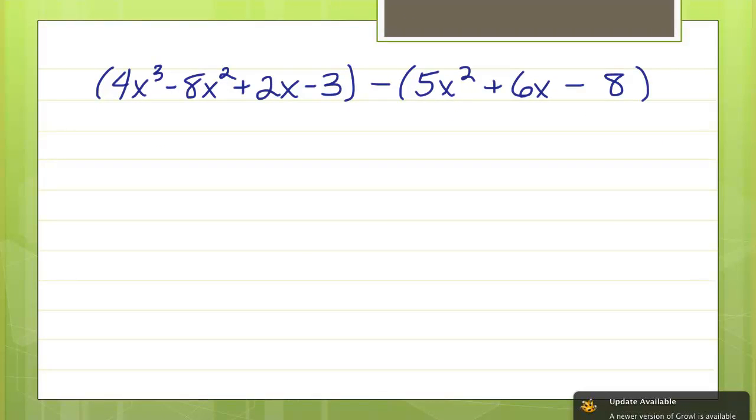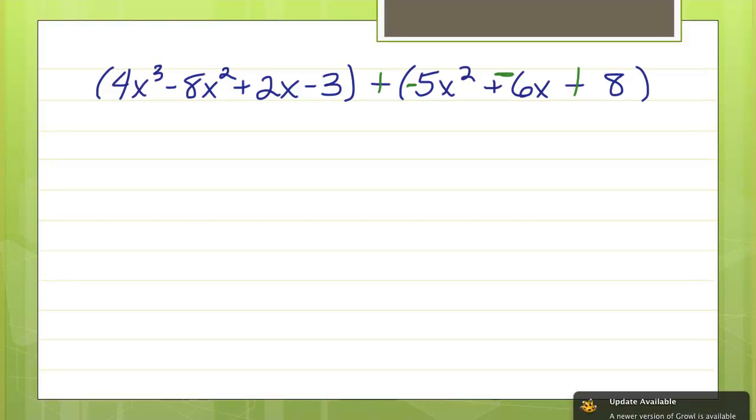I will say, as previously said, when all you have to do is combine like terms, once you get into a subtraction problem, I would distribute the negative and then just rewrite it as an addition problem. So my 5 becomes negative, my 6 becomes negative, my 8 becomes positive.